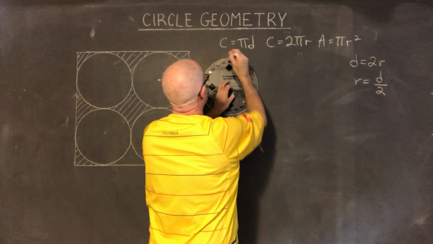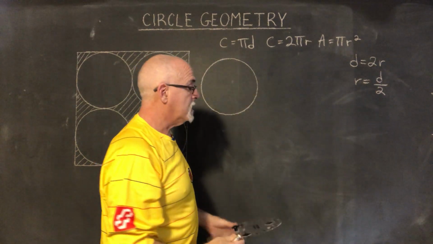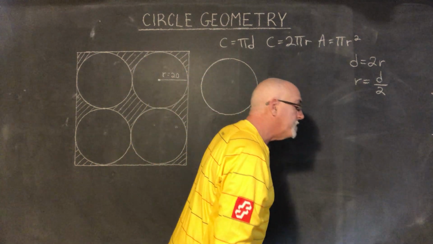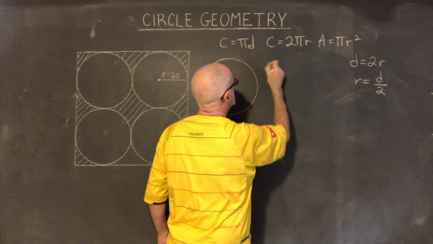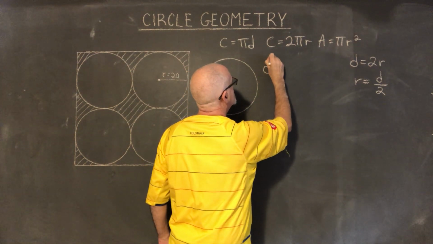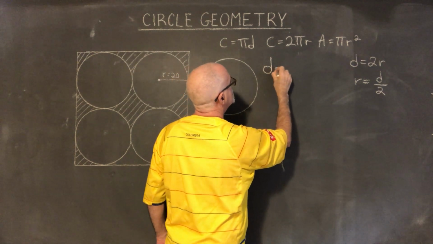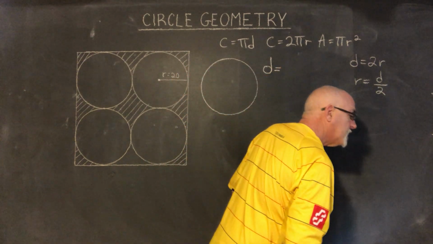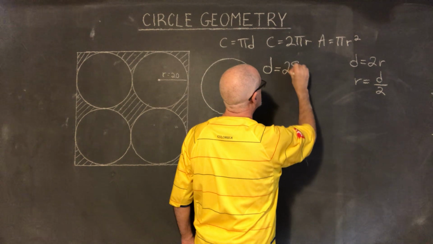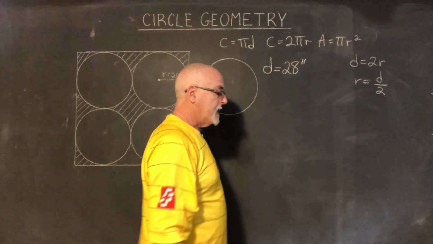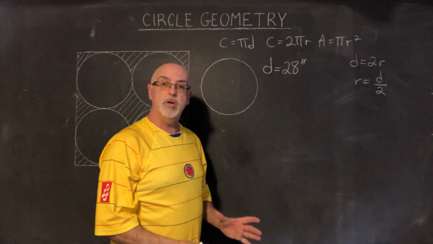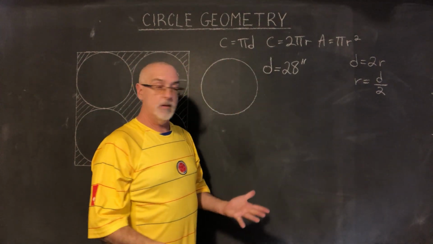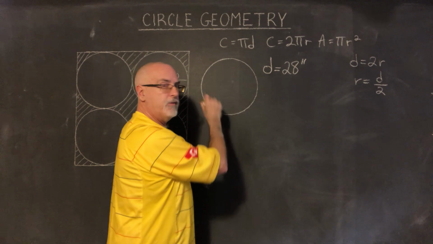Although I'm not trying to draw it at the exact size, I am going to give you the information that the diameter of this wooden circle is going to be 28 inches. Then inside that, I am going to cut out from the wood a smaller circle, and I'll draw that freehand.